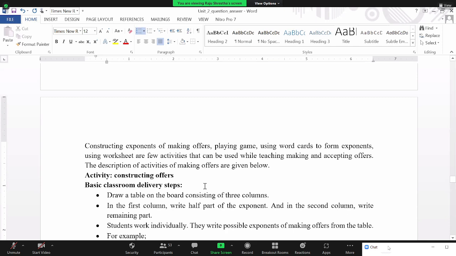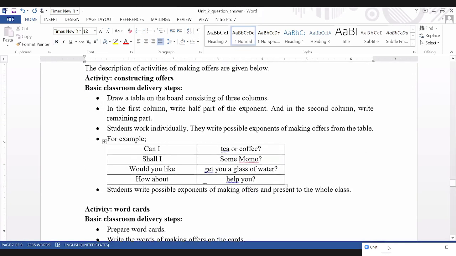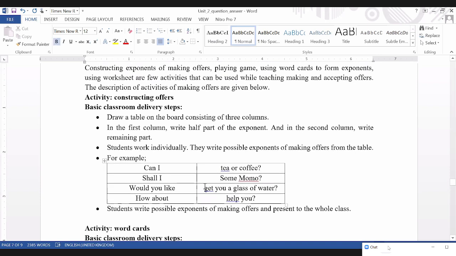Okay. The descriptions of the activities of making offers are given below. Constructing offers. The steps are given here, the basic classroom delivery steps. Draw a table consisting of 2 columns. In the first column, write the first half of the exponent, and in the second column, write the remaining part.